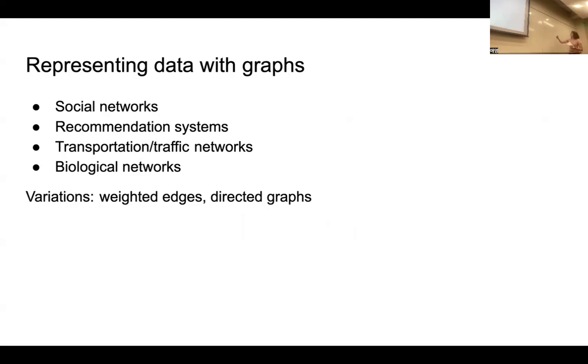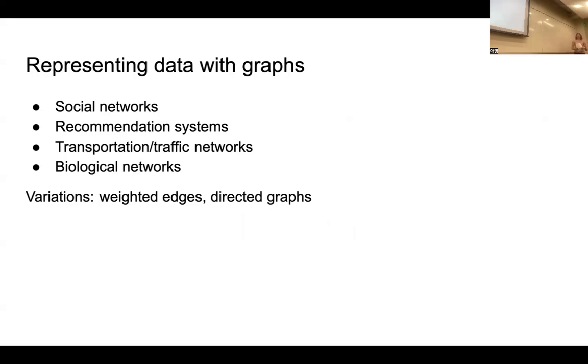Basically, the vertices are partitioned into 2 sets, and the edges only go in between those sets. And then graphs can also represent traffic and transportation networks, where vertices represent cities and edges represent the roads between them.